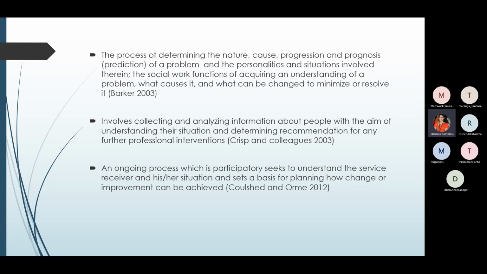This process helps to identify the nature of the problem, the cause of the problem, and the progression, meaning the improvement: how the problem was before and now, whether it is worsening or improving, in a good manner or bad manner, and prognosis.